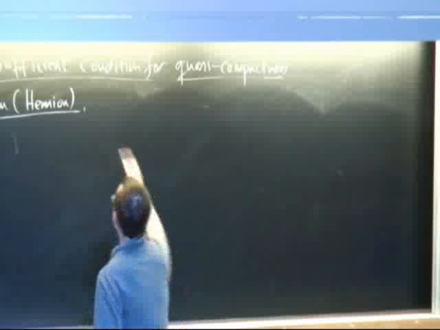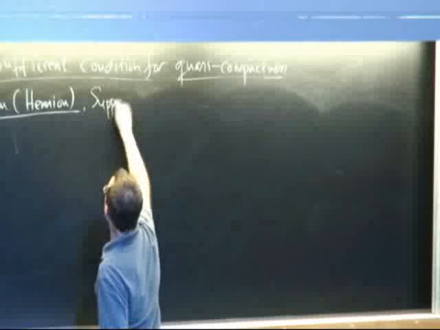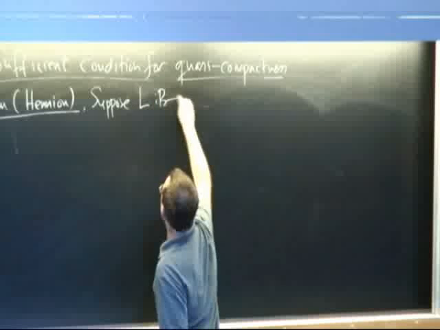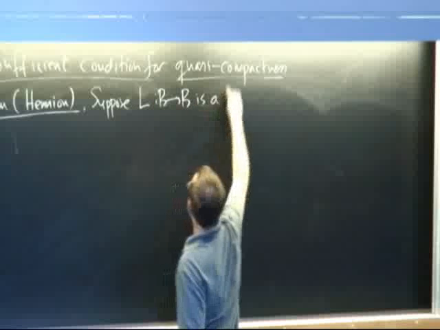Well, this is a generalization of theorems which were proved earlier by Ionescu-Tulcea and Marinescu, and before that by Doeblin and Fortet in a probabilistic context. Suppose L is a bounded linear operator.